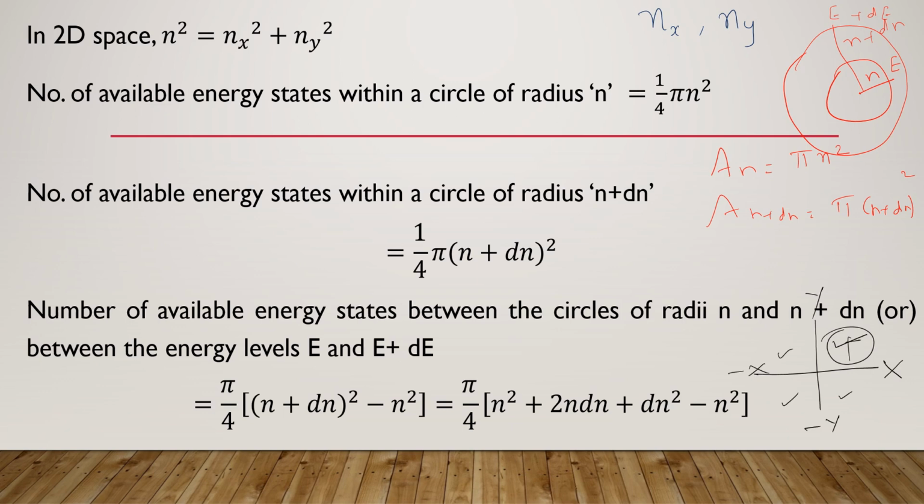Now we are going to find, within the energy interval dE and between the circles of radii n and n plus dn, that is the radii difference dn, how many available energy states are there. Therefore, we subtract A n from A n plus dn.